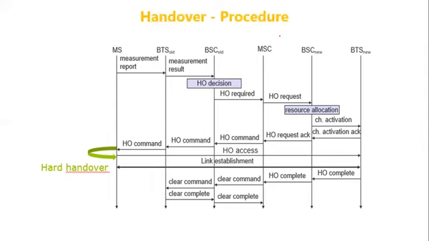Next thing that we'll be discussing is a timing diagram for how handover takes place. There is a mobile station. As we already discussed, the mobile station will keep on sending the measurement report about the quality of the uplink and downlink connections, and also about the neighboring channels' details.